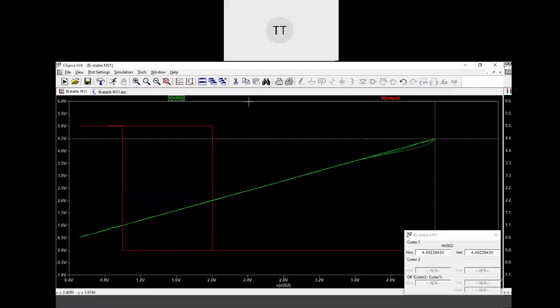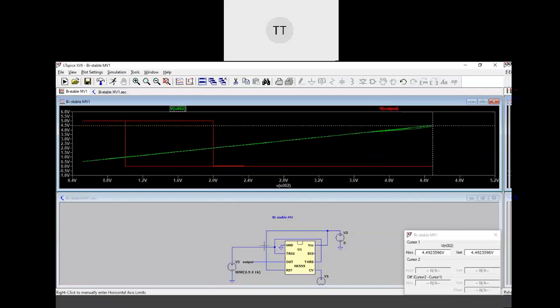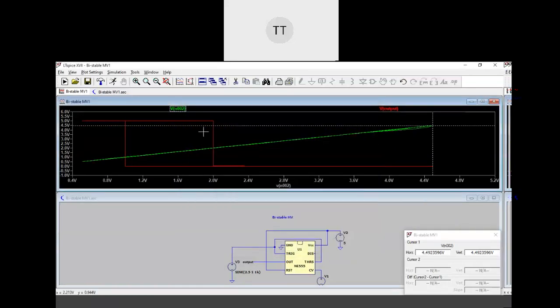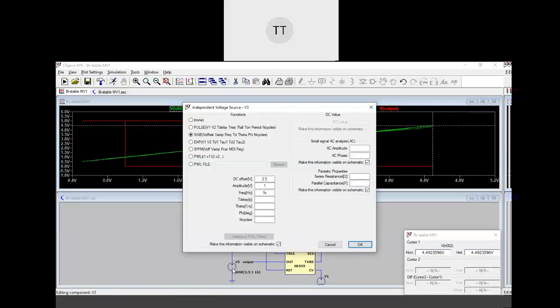This is the bistable. Now let me go back to this circuit and change some amplitudes or settings. Let me make this amplitude 1 volt. Please observe the change that I made in the sine wave: it's a 2.5 volt offset, amplitude is 1 with a frequency of 1 kilohertz.